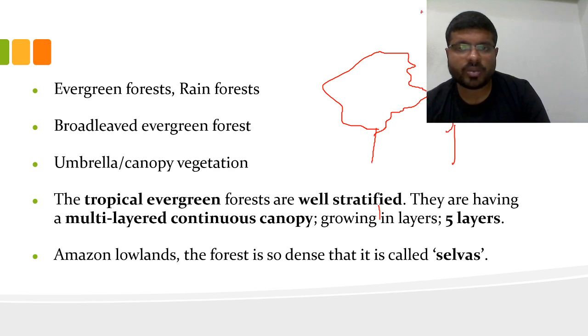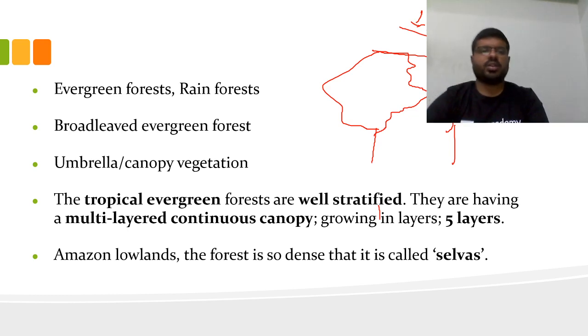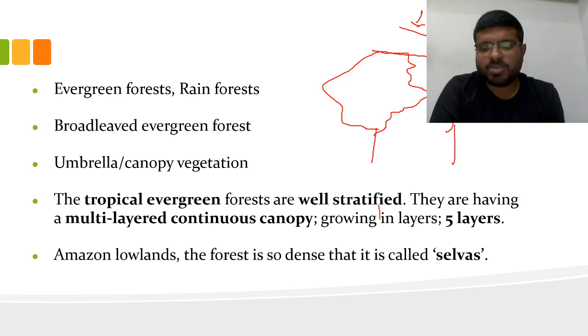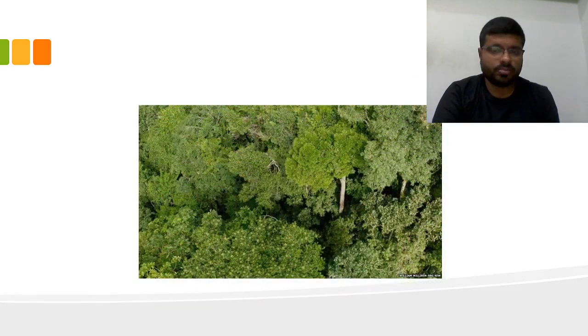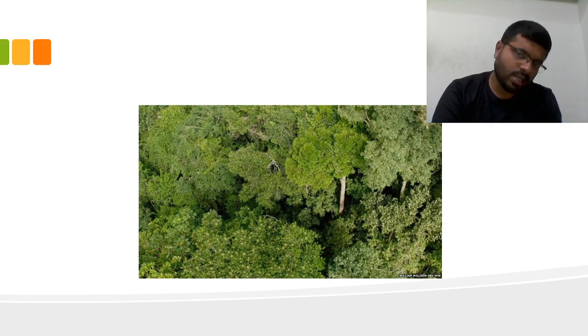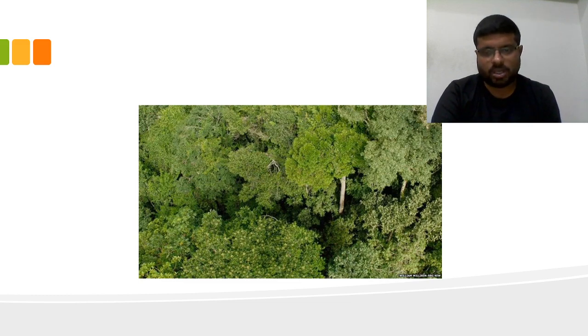If you see from an aerial view, say from a helicopter, the canopy of vegetation looks umbrella shaped at the top. That's why it is called canopy vegetation or umbrella vegetation, as you can see in this picture. This is an aerial photograph. You can see the topmost layer, which is umbrella shaped. This is what tropical evergreen is.